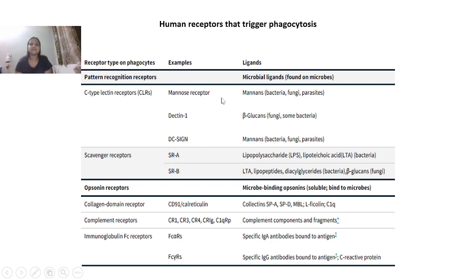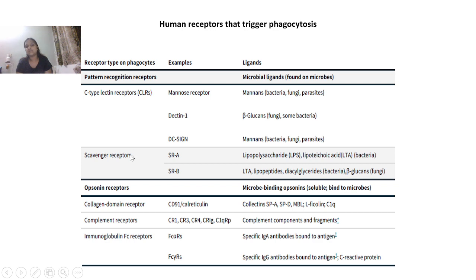The mannose receptor will interact with the mannans present in bacteria, fungi, and parasites, and dectin-1 will interact with beta-glucans present in fungi or some bacteria. DC-SIGN will interact with the mannans present in bacteria, fungi, and parasites.